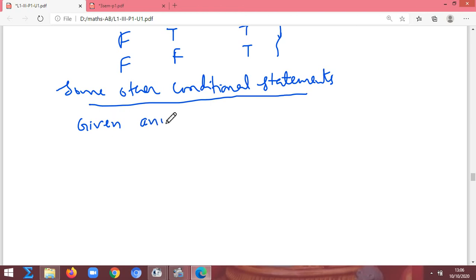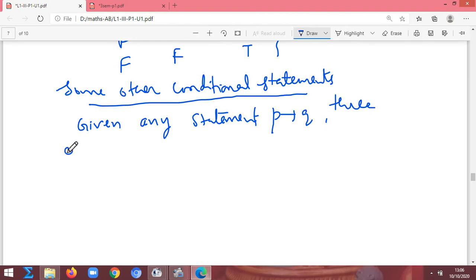Given any statement P implies Q, there are three other related statements that are related to P implies Q, as follows.